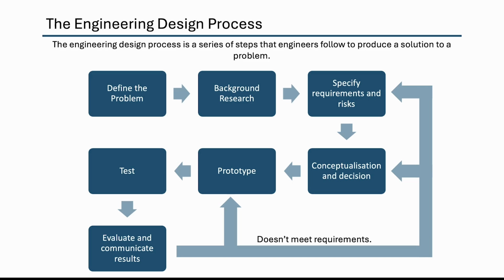You then specify, from this background research and from the problem that you've identified, the requirements and the specific risks that could come out of your solution. You then go on to conceptualize what your solution looks like, make a decision on the best solution possible, prototype it, test it, and evaluate your results.